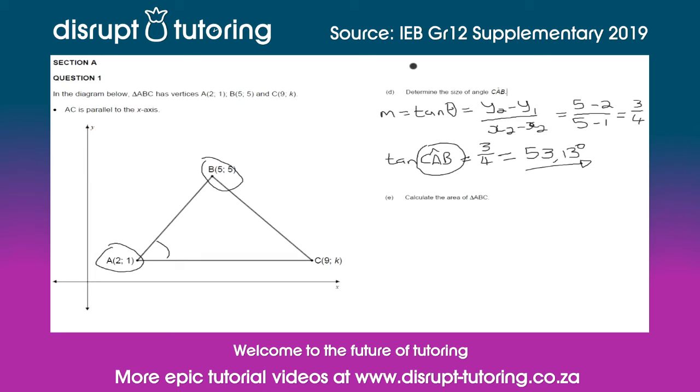Then in E, they're asking us to determine the area of ABC. Again, this is where picking which formula to use comes in handy.